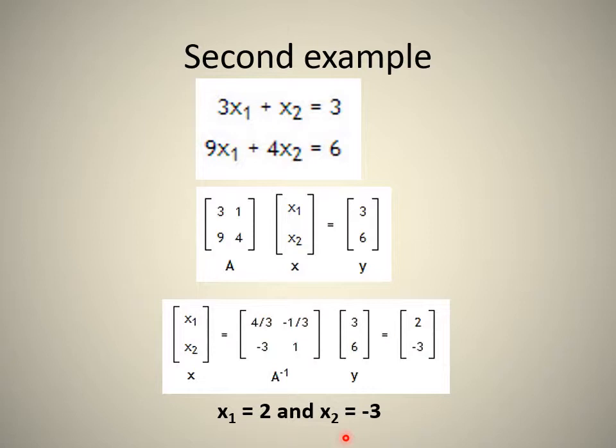Again, you need to make sure that there is an inverse for the coefficient matrix. You have to calculate the inverse up front and then multiply it with your right hand side column vector, and that will give you the solutions for your unknowns.